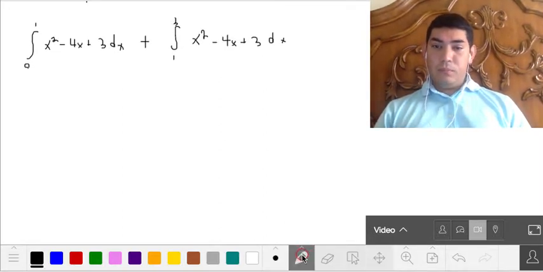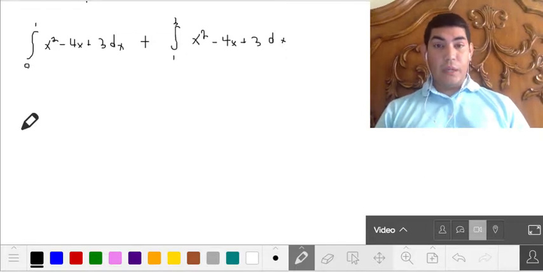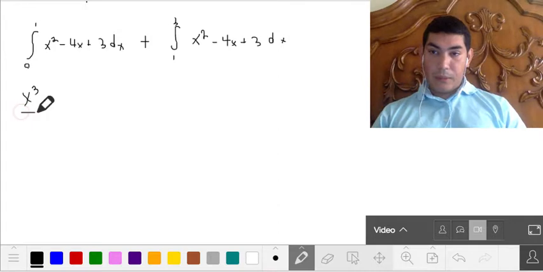Here the antiderivative of x squared will be x cubed divided by 3.